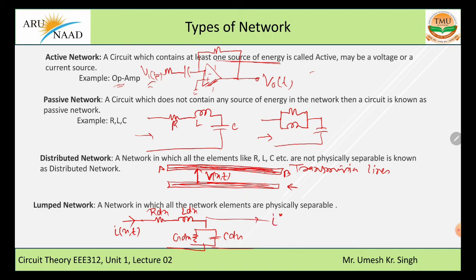At this point the distance has changed but time is the same, so v(x plus dx, t), and here v is a function of x and t. So simply, if we have a distributed network, then the resistance will be distributed, and if we have a lumped network, then the resistance will be concentrated, or other parameters, inductance and capacitance, can be considered as lumped values.